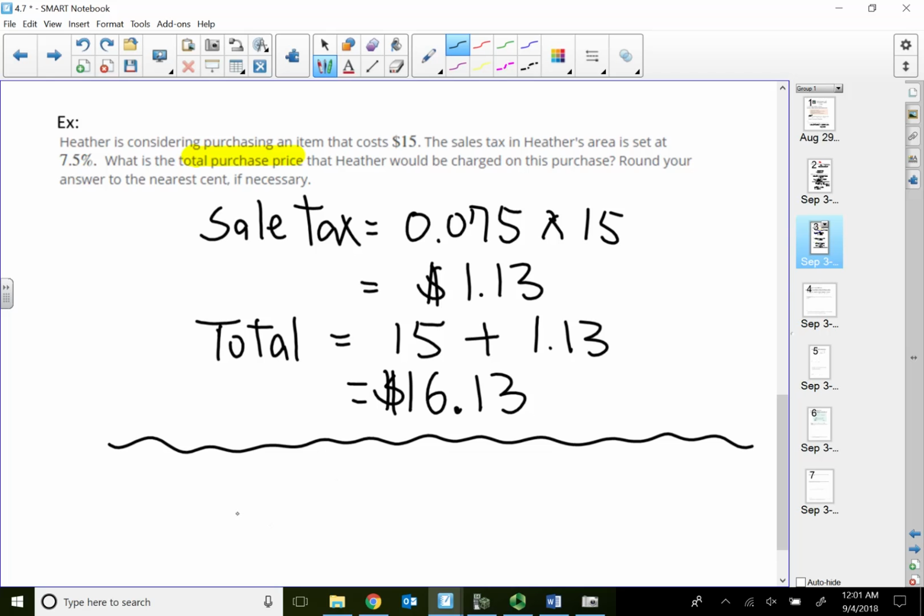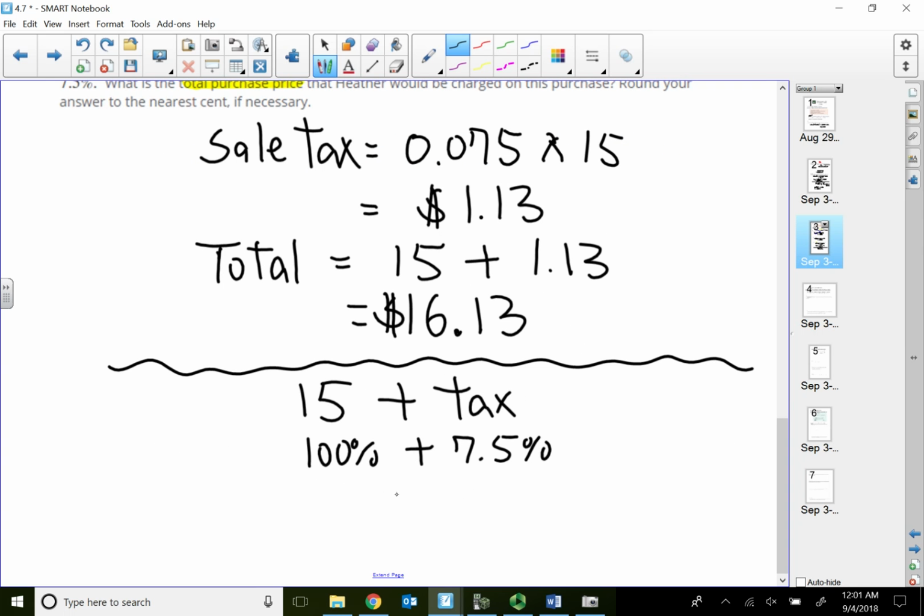Let me show you how to do this in a different way, just like the one with the discount. If Heather wants to purchase this item, Heather is going to pay 100% of that $15. Plus, Heather has to pay some sales tax, which is set at 7.5%. So that means Heather is going to end up paying 107.5% of that $15, because everything is computed off that $15 from the very beginning.